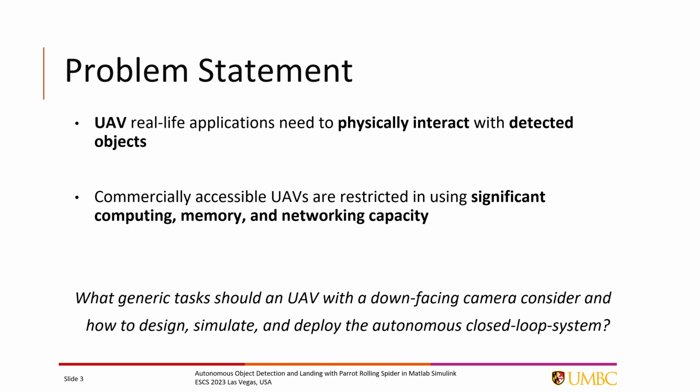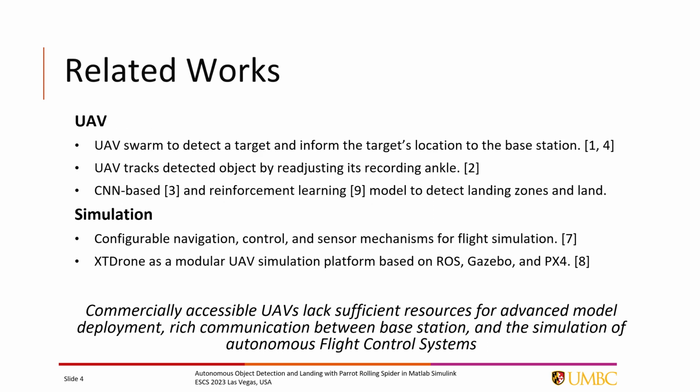In related works, we found advanced approaches in UAV swarms, searching for target locations to subsequently interact with their ground-based station. Also, work was pursued on UAVs tracking and following a moving object with a rotating camera. Models used were convolutional neural networks and reinforcement-based learning models trained on detecting zones to land on them.